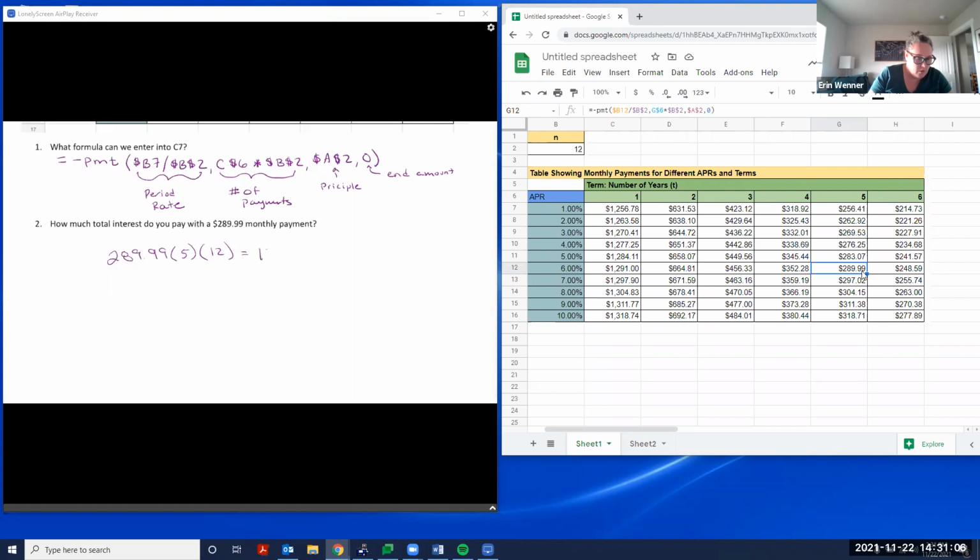We get $17,399.40. So now to calculate the interest, we're going to take off the original loan amount. Giving us $2,399.40 in interest.